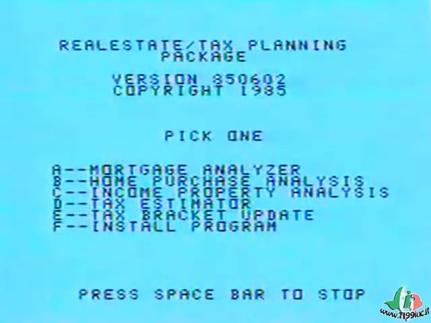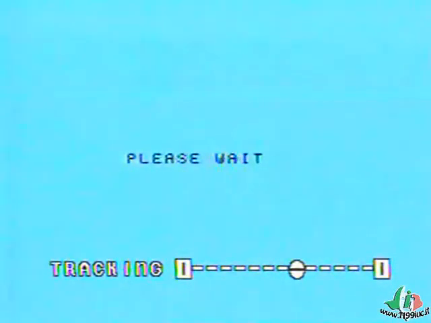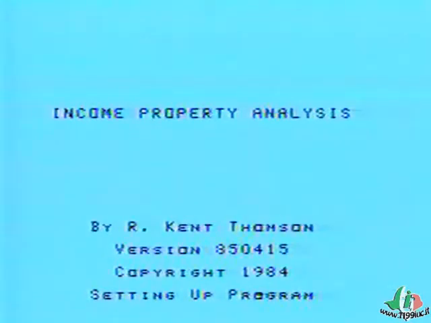Now I'm going to select C for income property analysis. And what I'm going to do is edit out the waiting time to make this a little bit shorter. The main menu, and I just waited a little while, maybe about 30 seconds, 40 seconds.